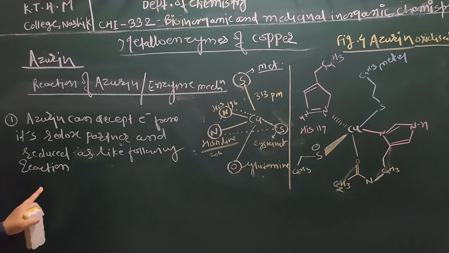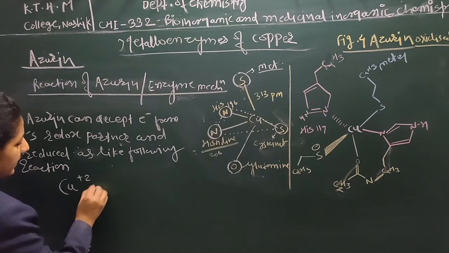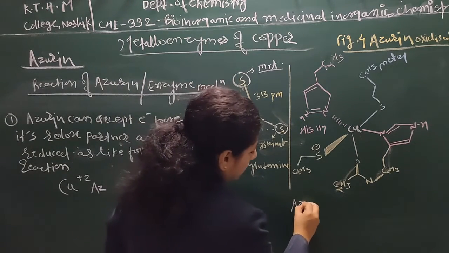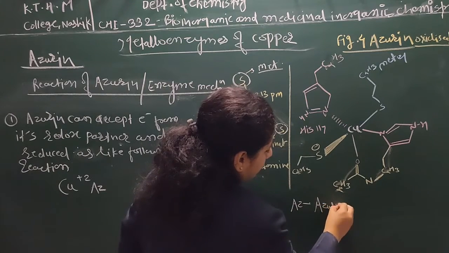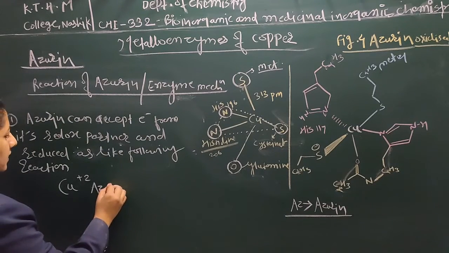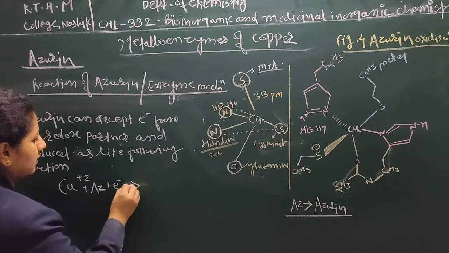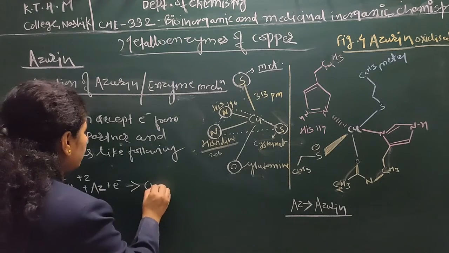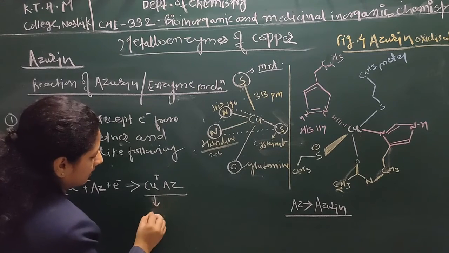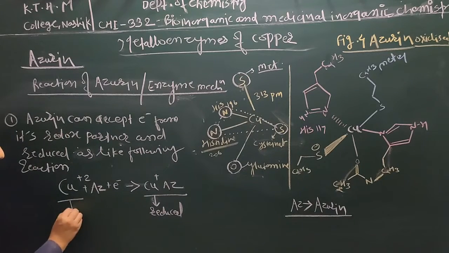So here we see that the copper is in the +2 oxidation state. Az is an abbreviation used for azurin in the whole reaction, that is the short form. So azurin, and then there is an electron transfer. Here the copper is in the +1 state, that is the reduced form, and here is the oxidized form.